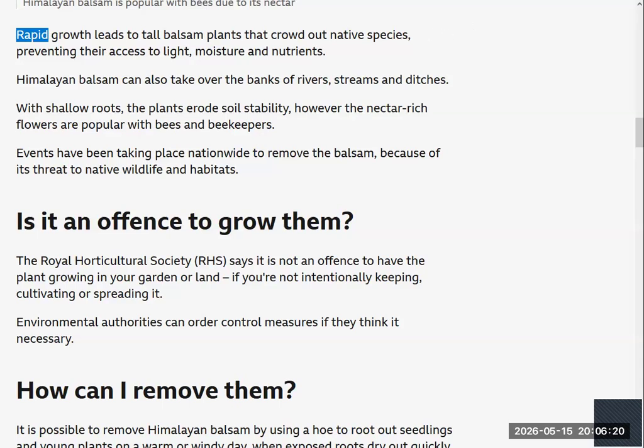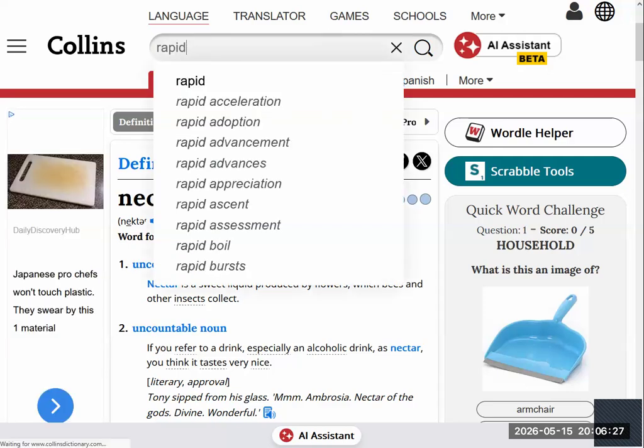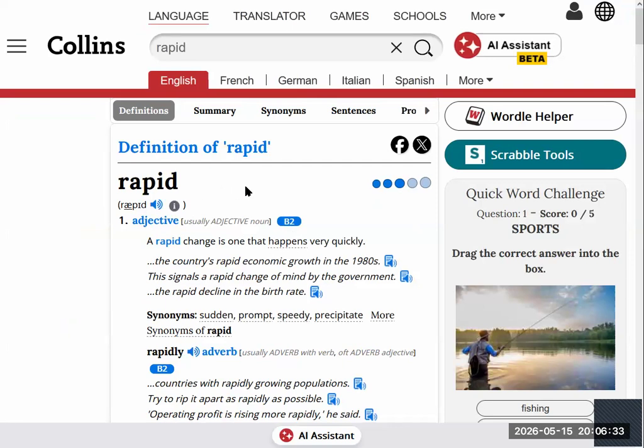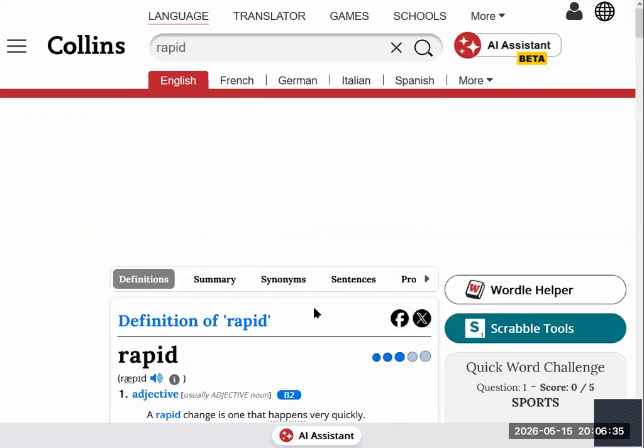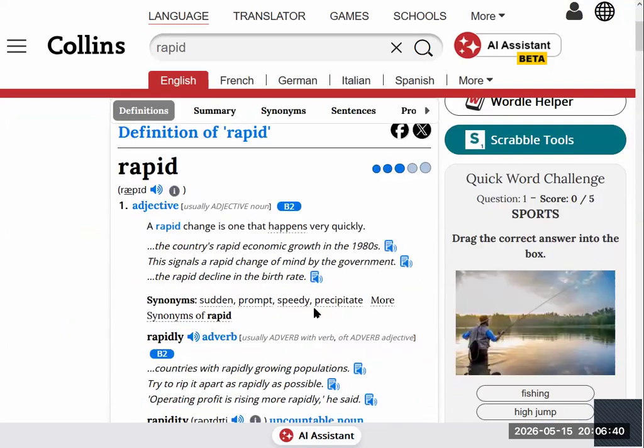So let's put rapid in there and get some ideas. Have I spelled it correctly? Rapid acceleration, rapid adoption, rapid advances. They have it as a B2. A rapid change is one that happens very quickly. Adjective.